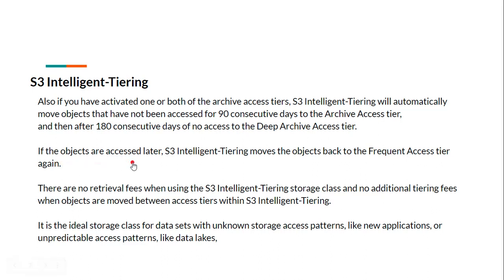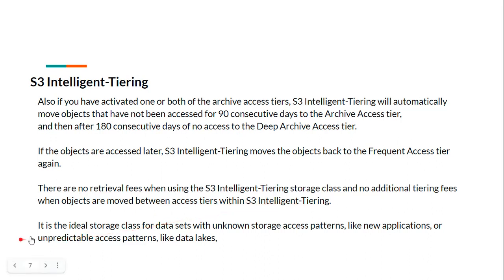If the objects are accessed later, S3 Intelligent Tiering moves the objects back to the frequent access tier again. There are no retrieval fees when using the S3 Intelligent Tiering storage class, and no additional tiering fees when objects are moved between access tiers within S3 Intelligent Tiering.